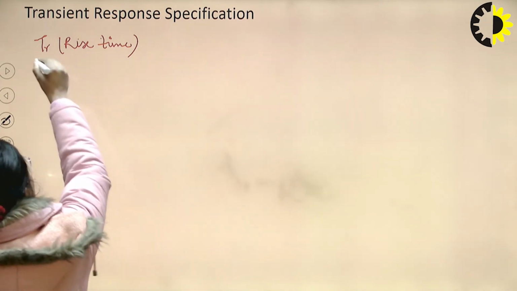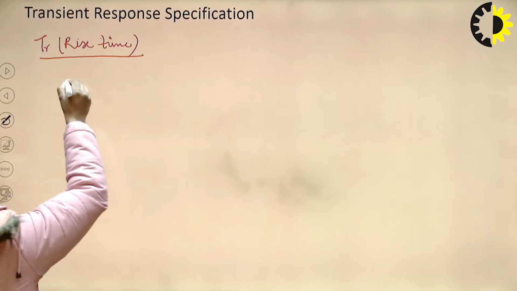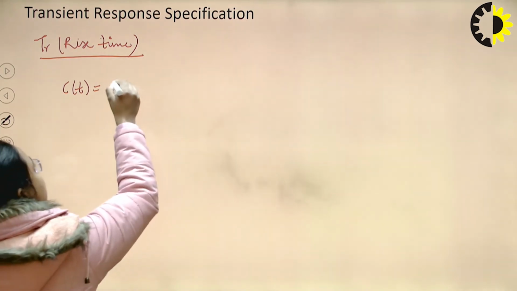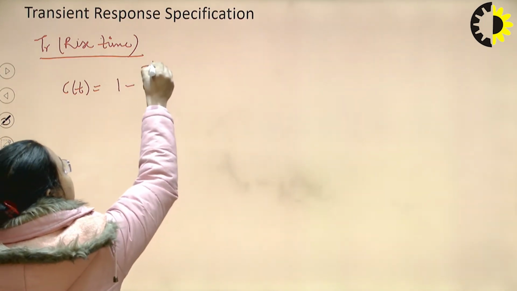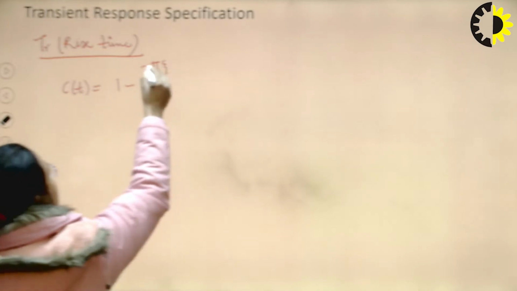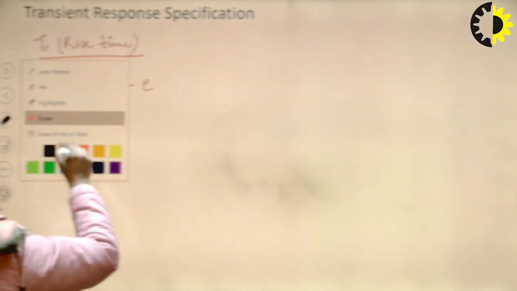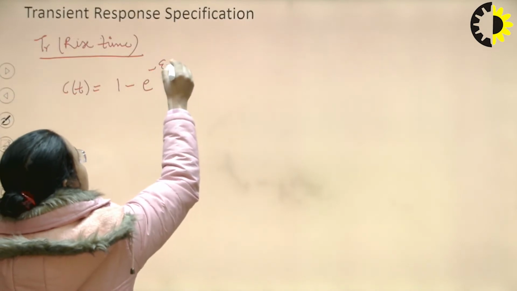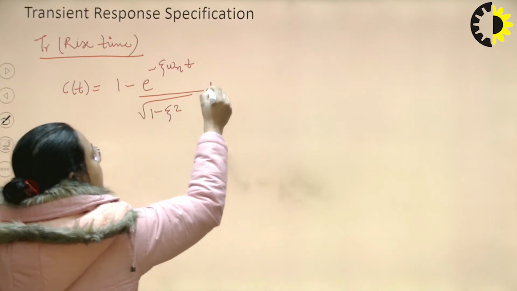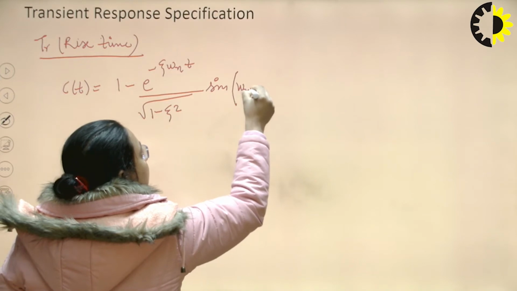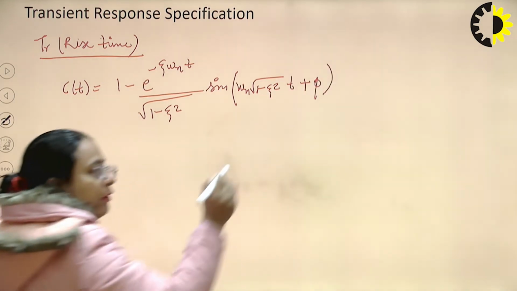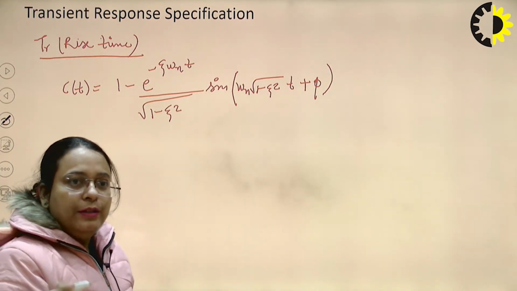We can derive the expression for rise time from the expression of time response of the second order control system, which is C(t) = 1 - (e^(-ζωn t) / √(1-ζ²)) sin(ωn√(1-ζ²) t + φ), where φ is tan⁻¹(√(1-ζ²)/ζ).